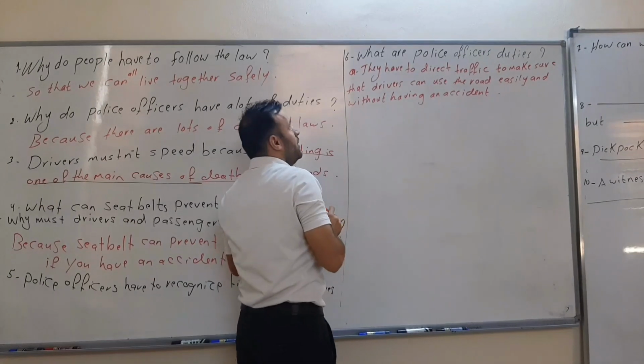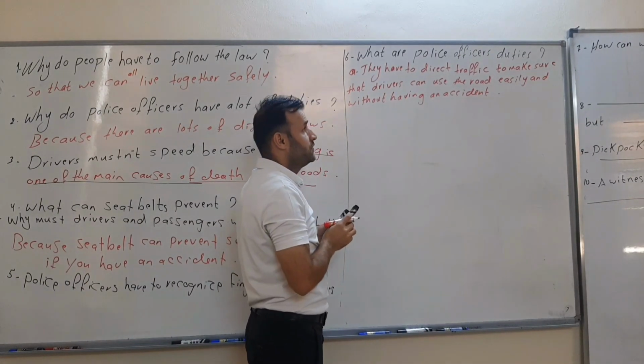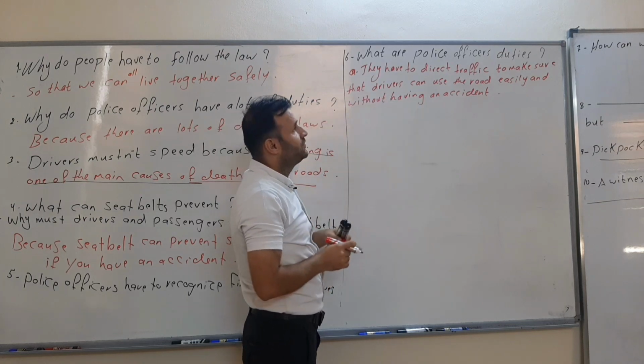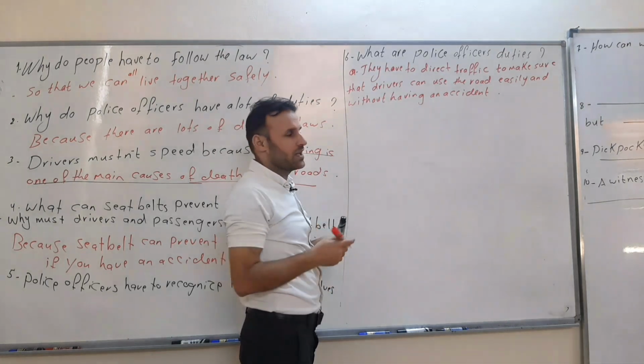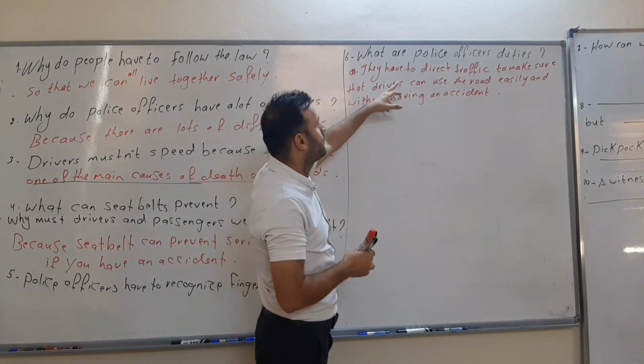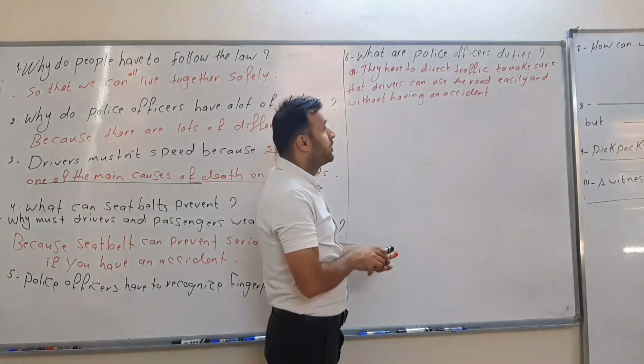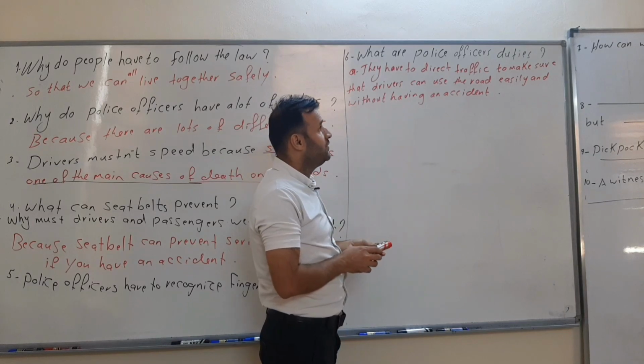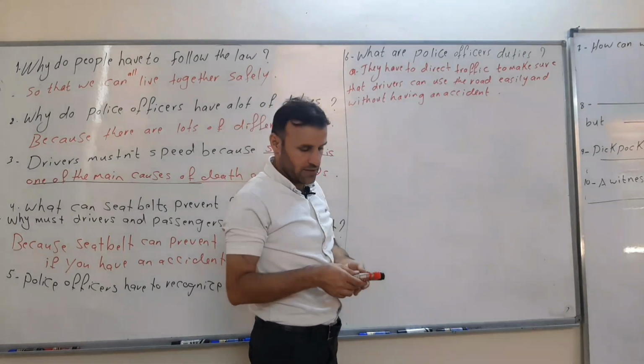So again, what are police officers' duties? They have to direct the traffic. Another question we can ask: why do police have to direct the traffic? To make sure that the drivers can use the roads easily and without having an accident.